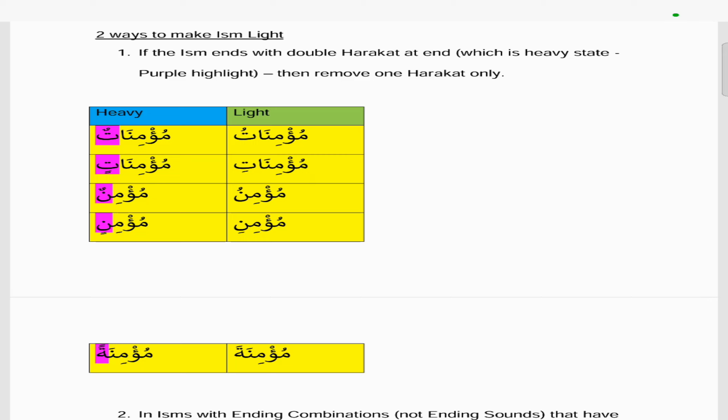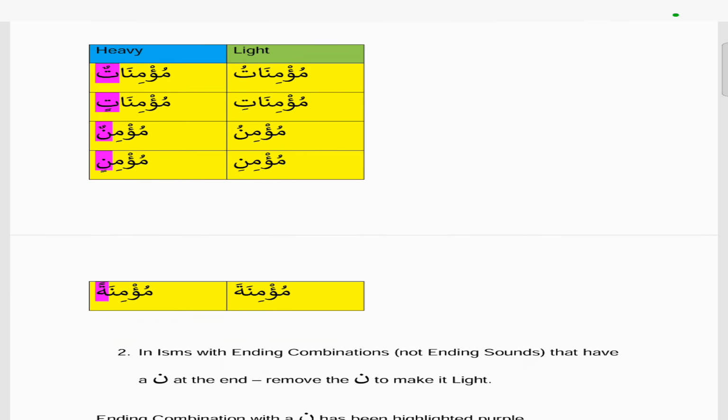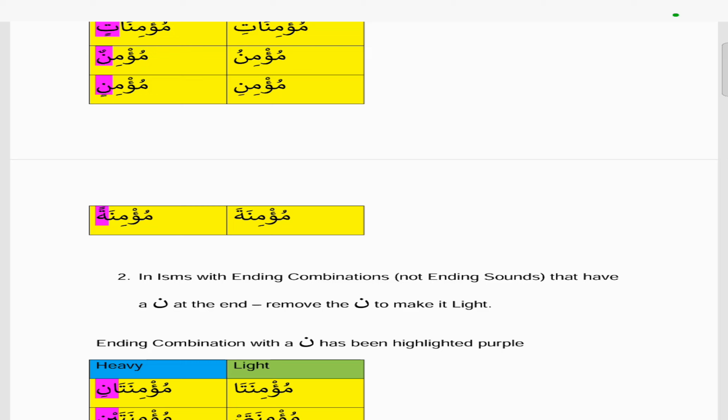So mu'minatun becomes mu'minatu because we just got rid of one of the dhammas. Mu'minatin becomes mu'minati. We got rid of one of the kasras. Mu'minun becomes mu'minu. We got rid of one of the dhammas, and mu'minin becomes mu'mini. That's the light version because we got rid of one of the kasras. The last one is mu'minatan, which becomes mu'minata because we get rid of one of the fathas.